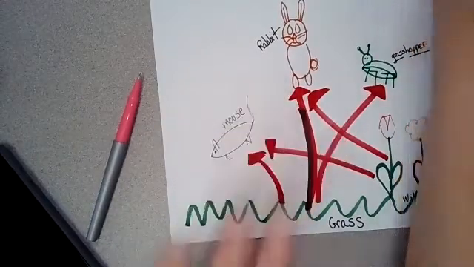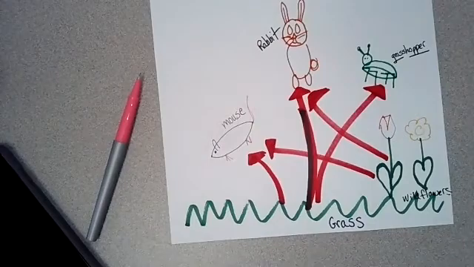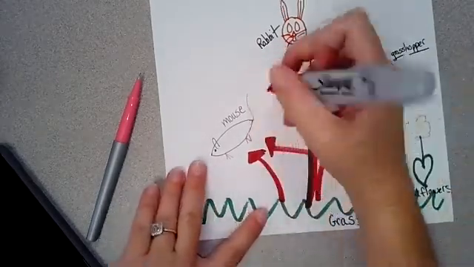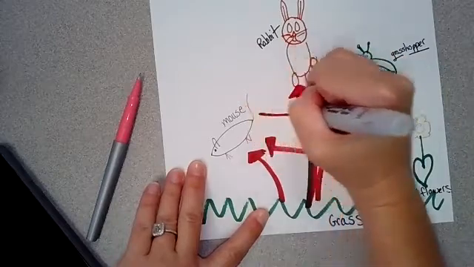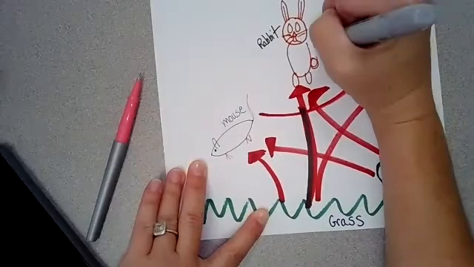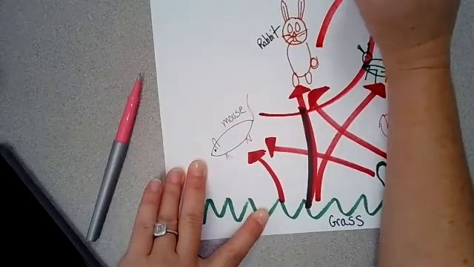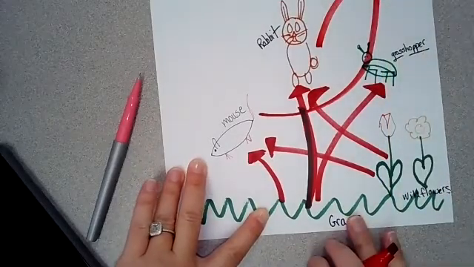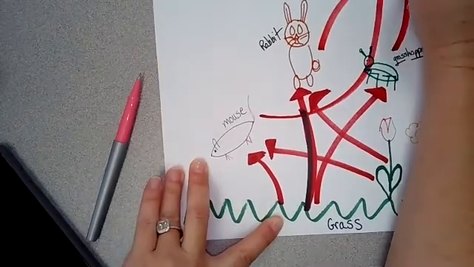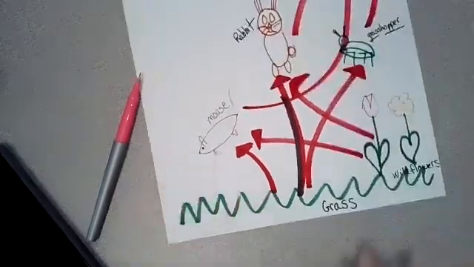Now, snakes eat mice. Here is my arrow going from the mouse into the snake. Snakes eat rabbits. They eat both. And maybe the snake is really hungry and it decides to go for a grasshopper.